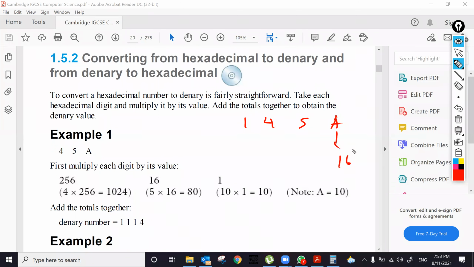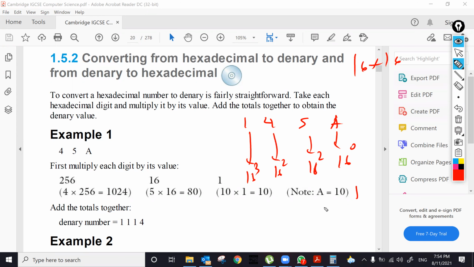Here we have 16 to the power of 0, here 1, here power of 2, here power of 3. Normally 16 to the power of 0 is 1, right? 16 power 2 means 16 into 16.